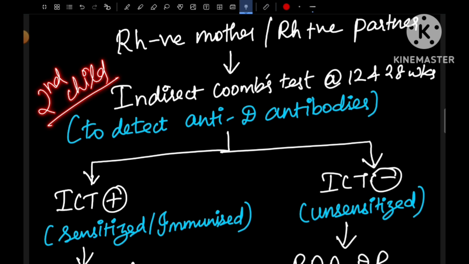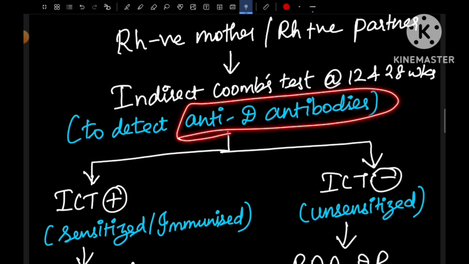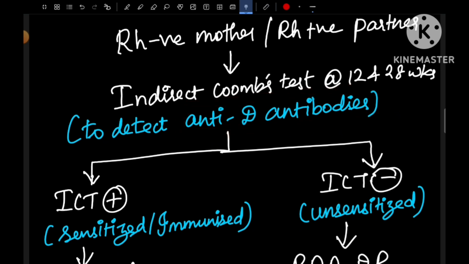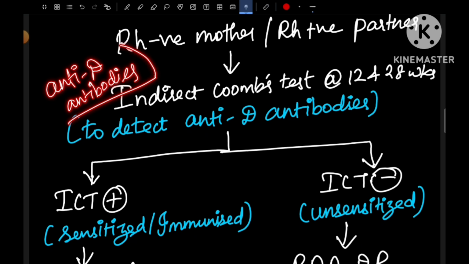So the indirect Coombs test is done to detect any anti-D antibodies. See, even if there is anti-D antibody production, the mother's own immune system has sufficient capacity to neutralize it.